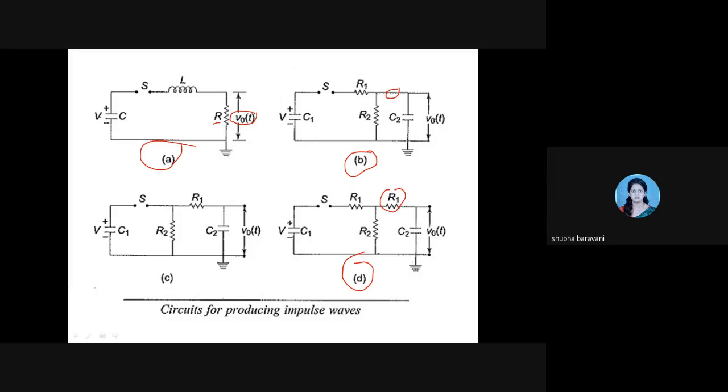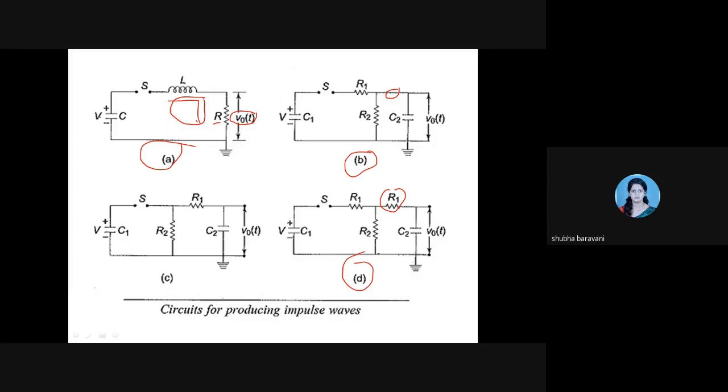The wave front and wave tail times are controlled by changing the values of R and L simultaneously.